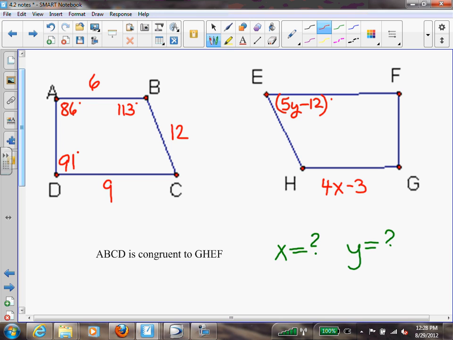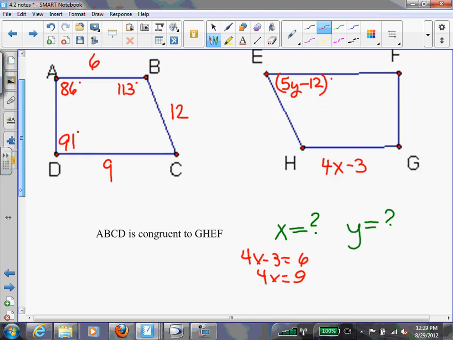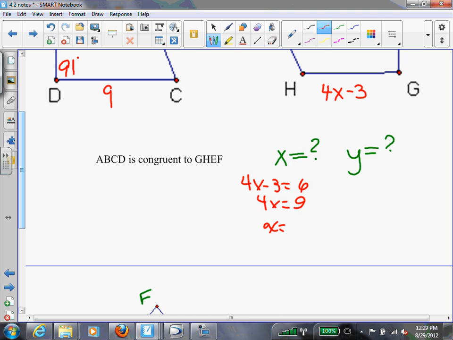X is a side length, yes? So what side is HG congruent to, according to even the statement here? AB. Do I know what AB is? All right, so we're just going to say 4x minus 3 is 6. 4x is equal to 9. So x is 9/4.